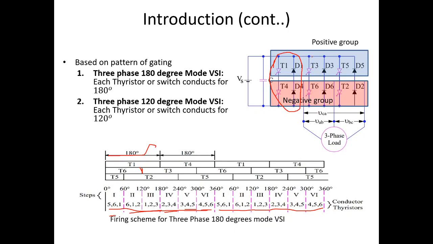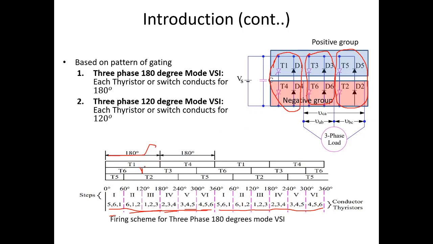The second arm corresponds to B phase, in which switches 3 and 6 are connected, so they must not conduct simultaneously. Similarly, switches 5 and 2, placed in leg 3 corresponding to C phase, should not conduct simultaneously. That is ensured in this gating scheme.